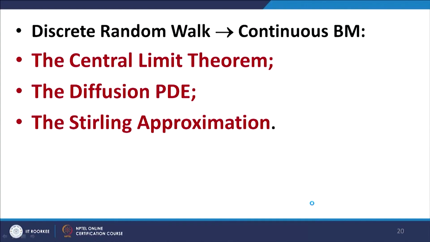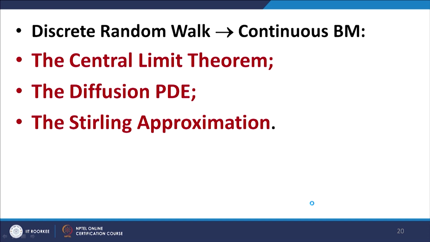Remember, so far we have not taken any limits, and we can move from this to the limiting structure, the continuous framework, using any of these three approximations. We can use the central limit theorem, we can use the diffusion PDE, or we can use the Stirling approximation.